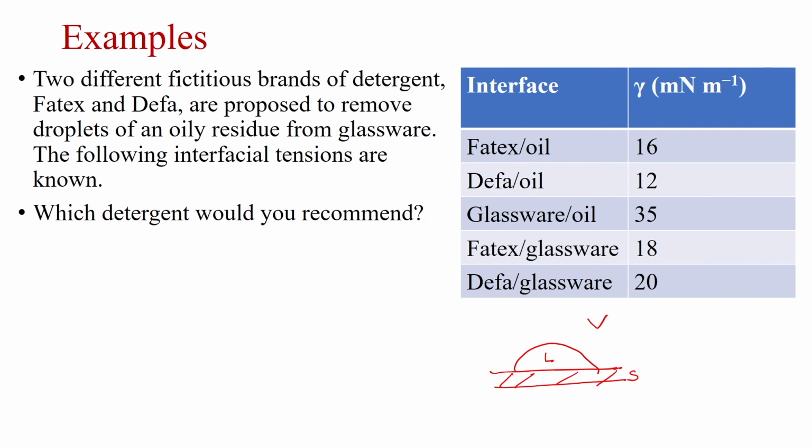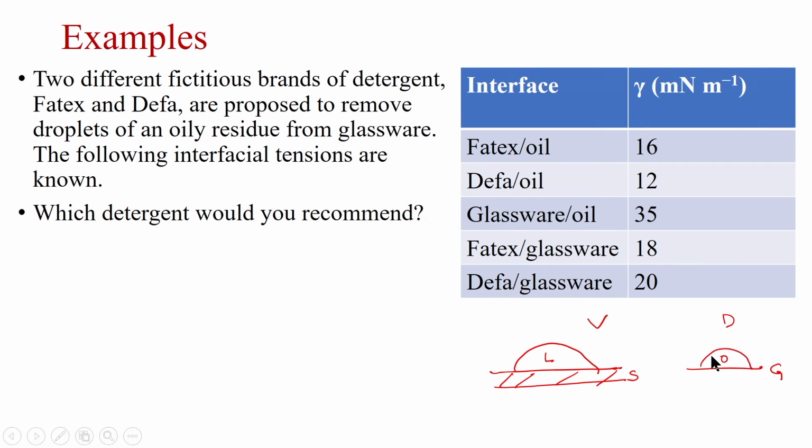One is the detergent, the name is given Fatex and DEFA, the other phase is the IL and the third phase is the glass. So, it is like we are having a detergent phase here and a glass phase here, and in between we are having the IL phase.